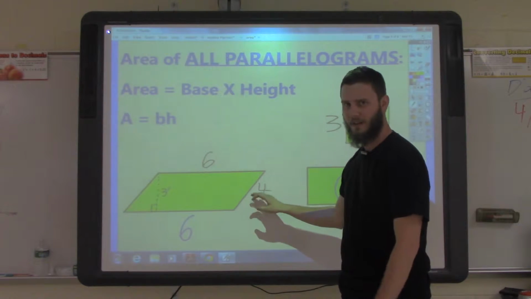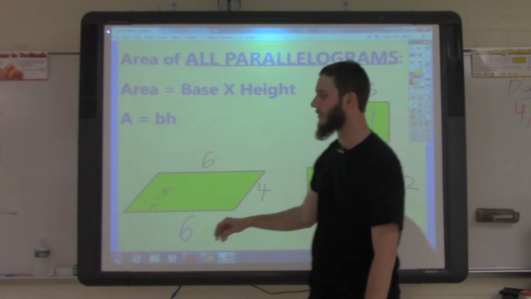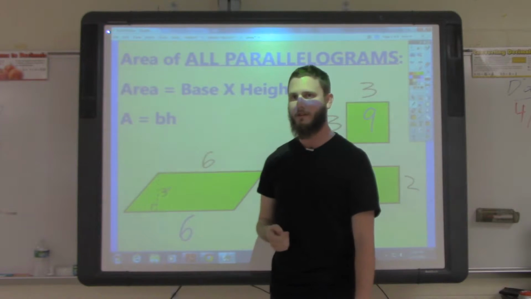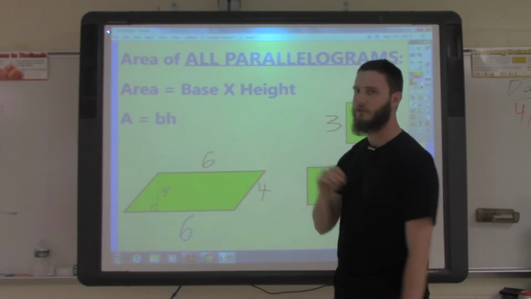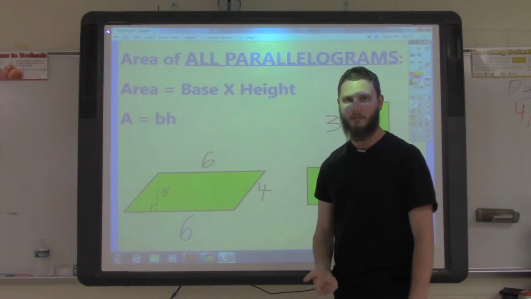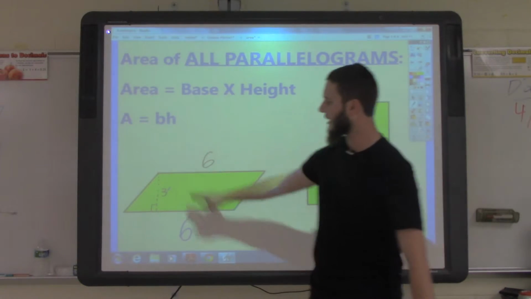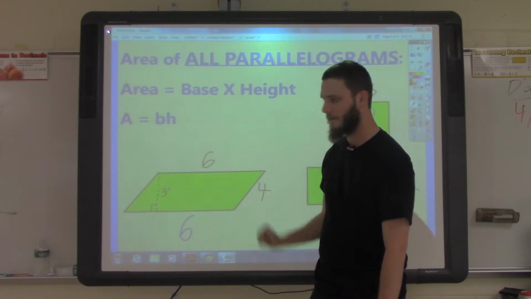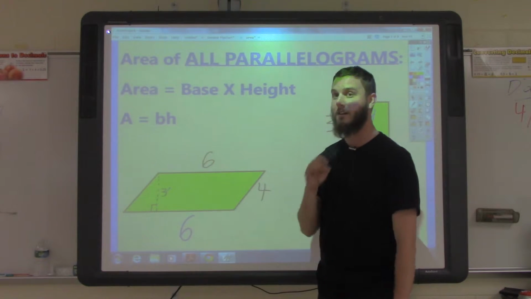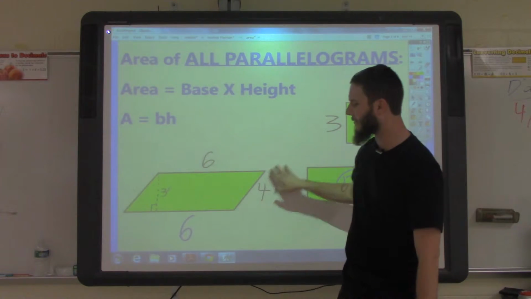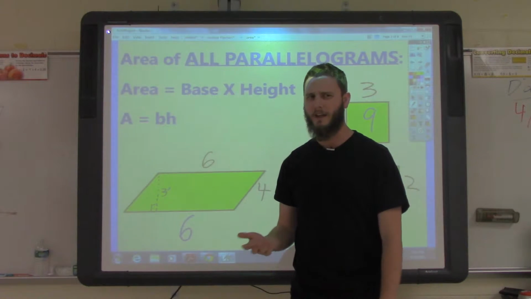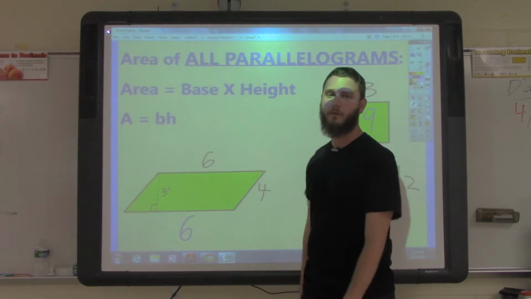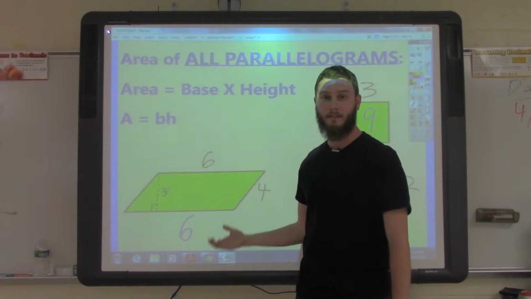If you look at this parallelogram, it has 2 things that are supposedly measuring the height. One of them is a trick, the other one is the actual height. The number that is being represented by this line that is cutting down the middle of the parallelogram is the real height. This 4, the fact that it's going sideways or diagonal, means it can't be used as the height. That's just not how height is measured.